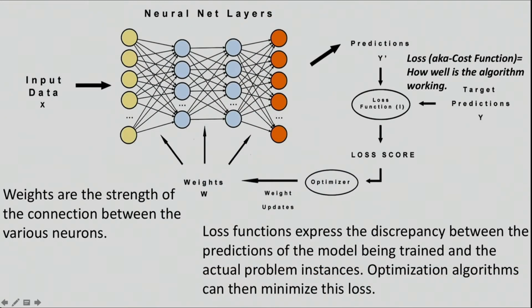All right, so very simply at a very high level, abstracting out quite a bit here, I'm going to start at a high level of an architecture for an artificial neural network. So we always have in yellow the input layer, and then in light blue is represented what we call hidden layers, and then we have an output layer. And we're going to understand how well the algorithm is working by calculating a loss or a cost function, and we'll talk about techniques for doing that here in a moment.